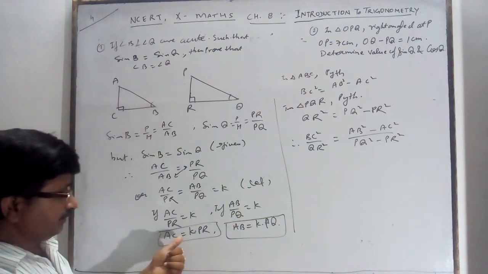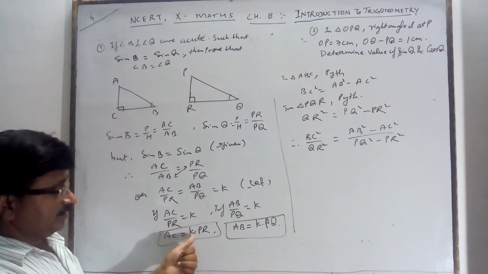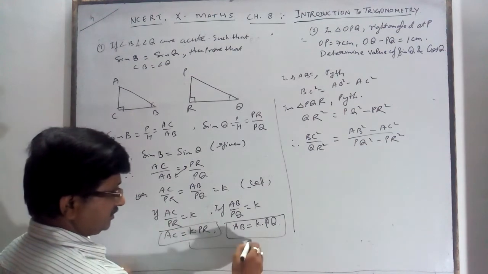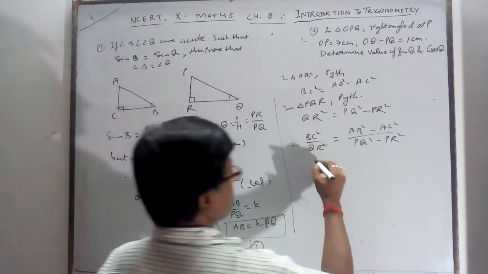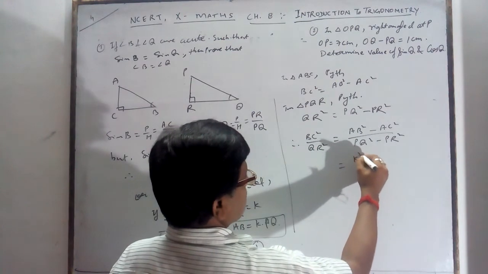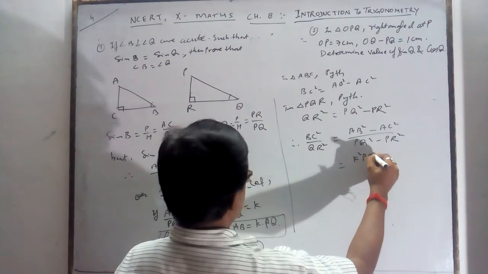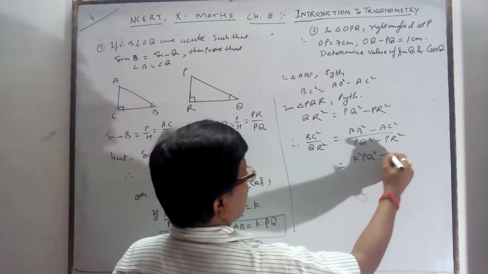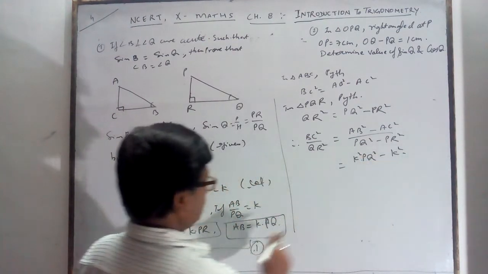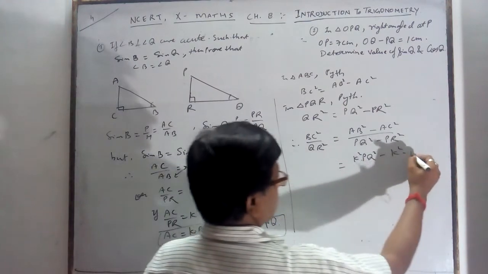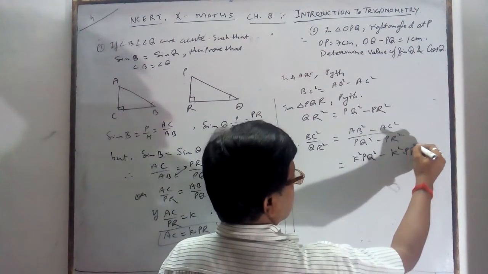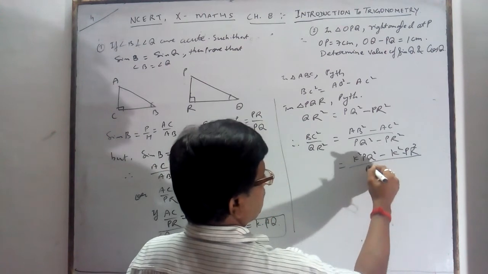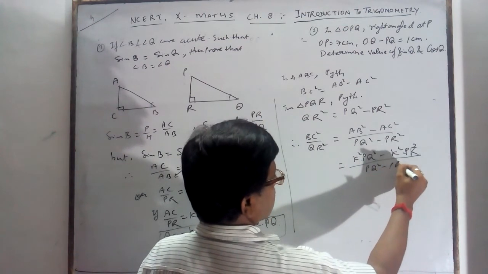Put the value in place of AC. If it is equation number 1, then we can write K square PQ square minus K square into PR square upon PQ square minus PR square.